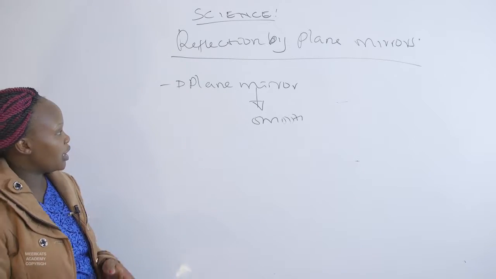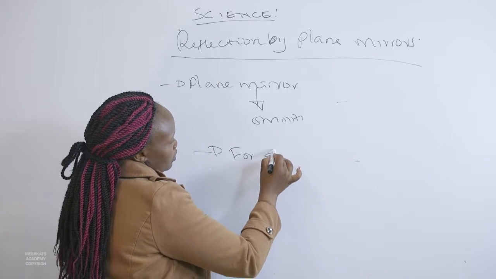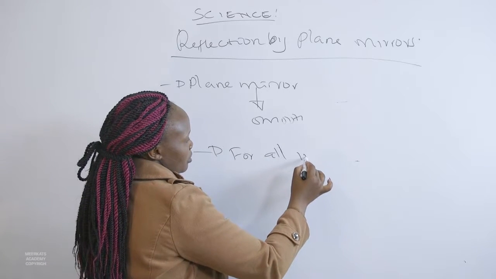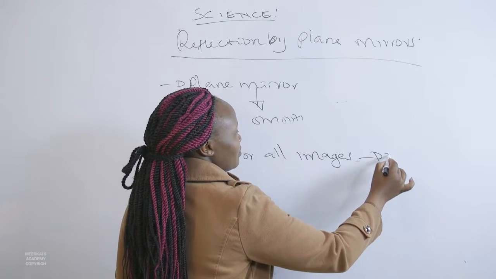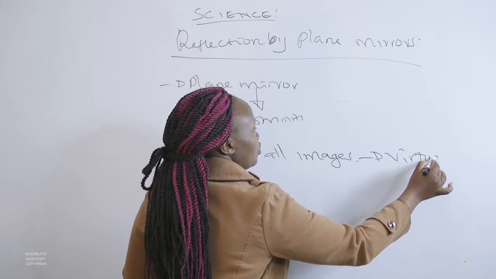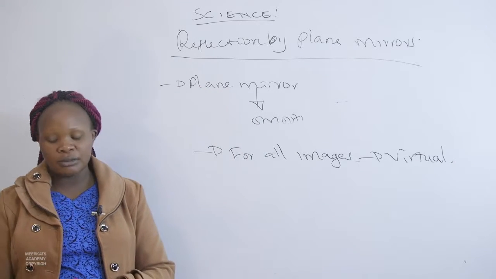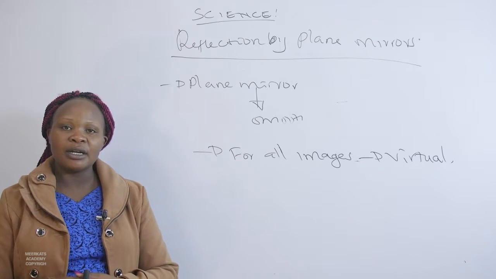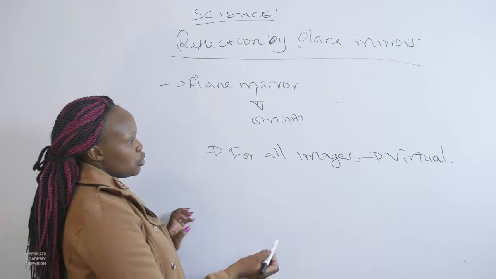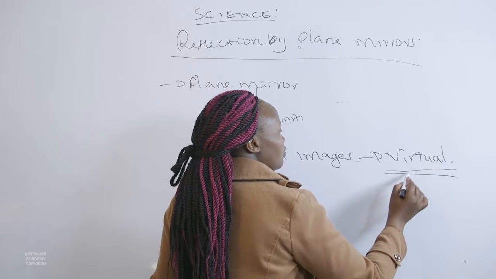What you ought to realize is that all images that a plane mirror gives us are virtual. Why do we call them virtual?